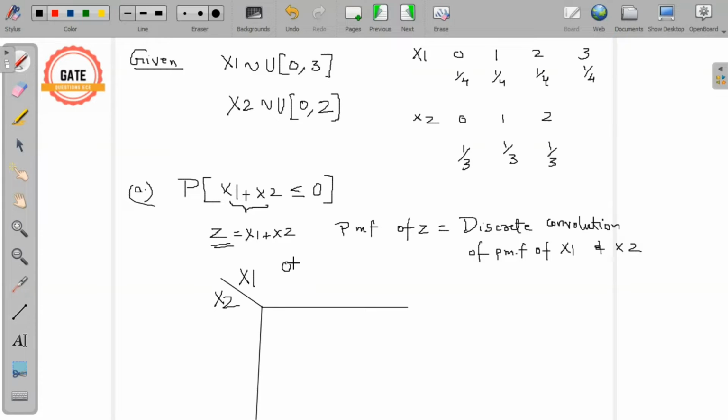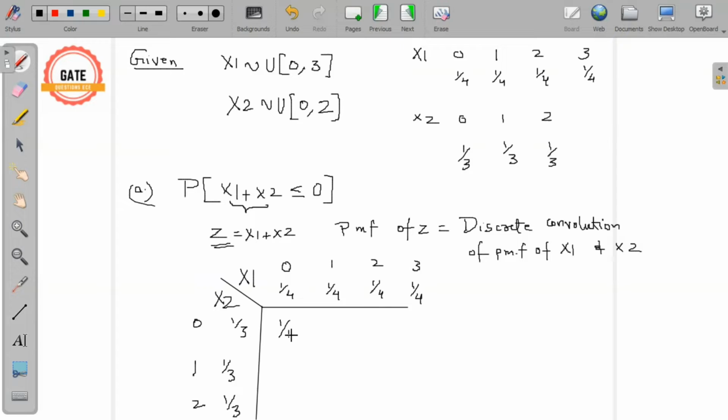So x1 can take values 0, 1, 2, 3 and corresponding probabilities are 1 by 4, 1 by 4, 1 by 4 and 1 by 4. Similarly x2 can take values 0, 1 and 2 and corresponding probabilities are 1 by 3, 1 by 3, 1 by 3. Then we multiply all these 4 elements with the first element here, 1 by 3.